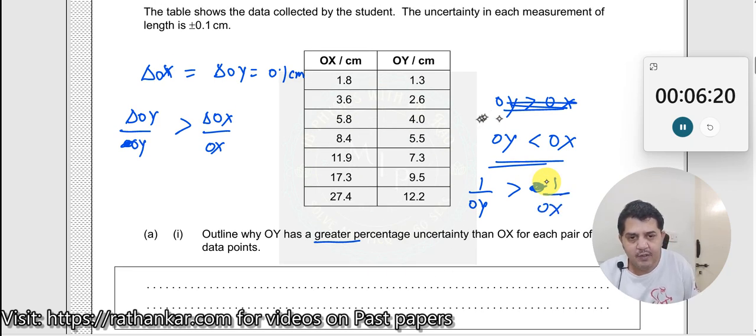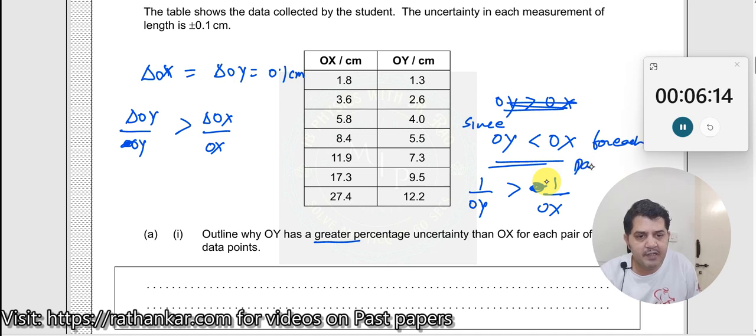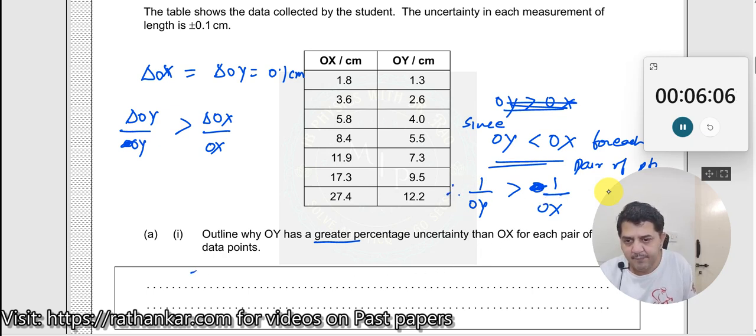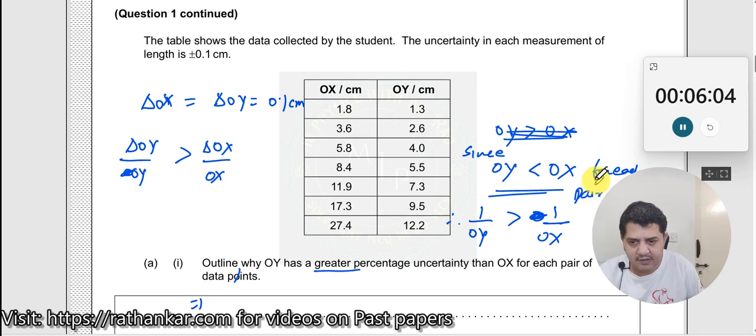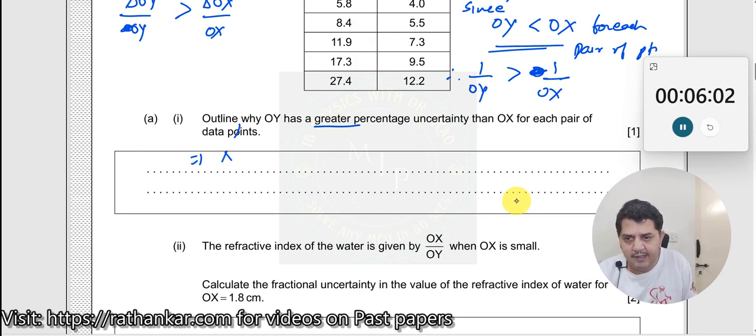Now what you need to write? Since OY is less than OX for each pair of points, therefore 1 by OY is greater than 1 by OX. In other words, delta OY divided by OY is greater than delta OY divided by OX, because you may ask me why did you put this OX here.